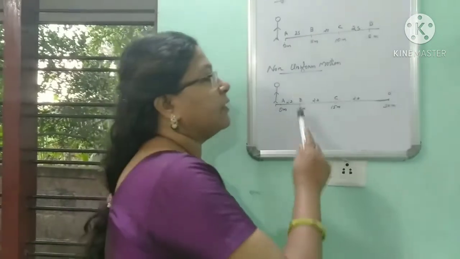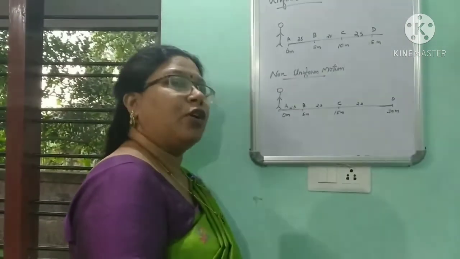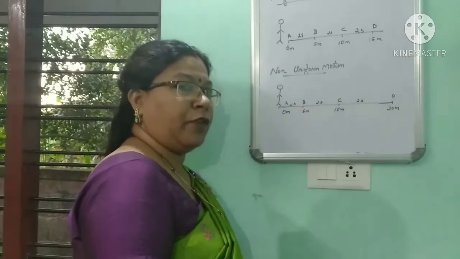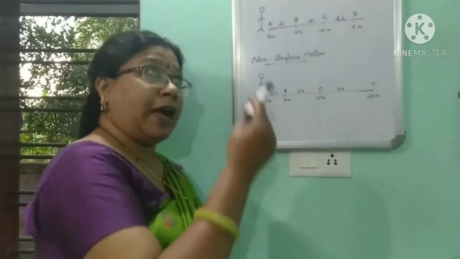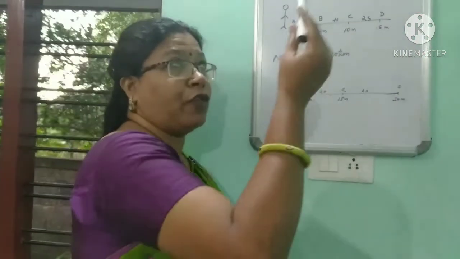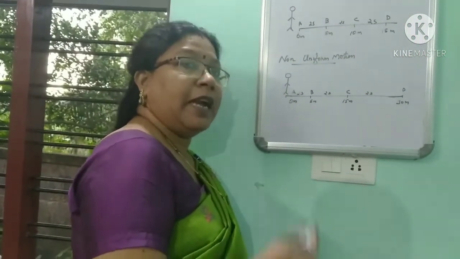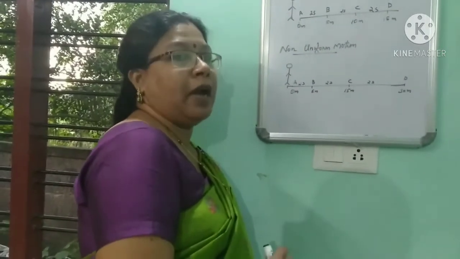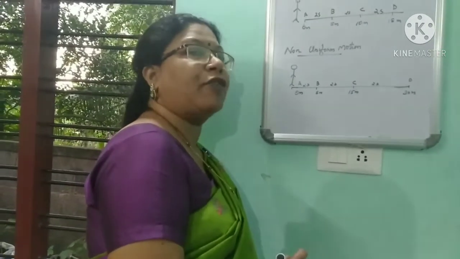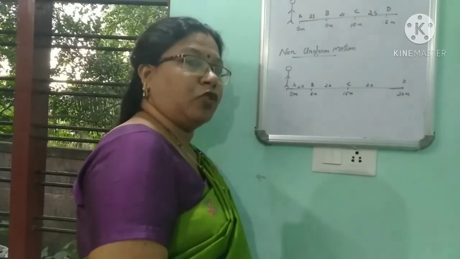I think from this figure uniform motion and non-uniform motion are clear for you. The best example is a ball falling from a height downwards. In equal intervals of time, the distance traveled by the ball will be unequal. It is an example of non-uniform motion.